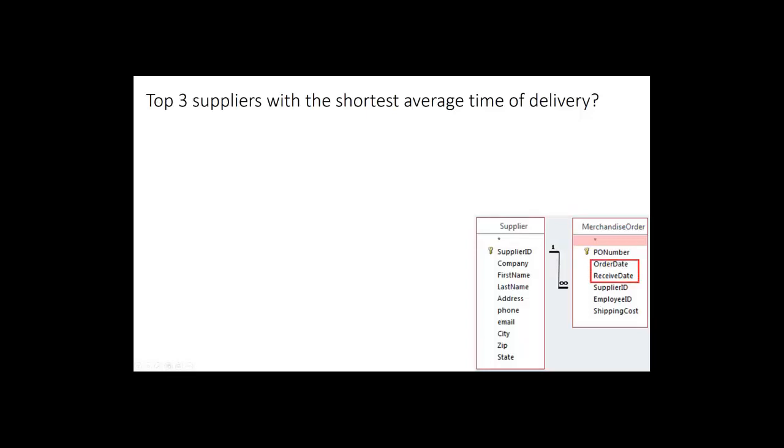So the difference of these two dates is the time for the supplier to supply. So that's the base for comparing those suppliers. We can average this difference to find out what's the average delivery time for the supplier. And we need the supplier table to identify the supplier company or the name of the contact.